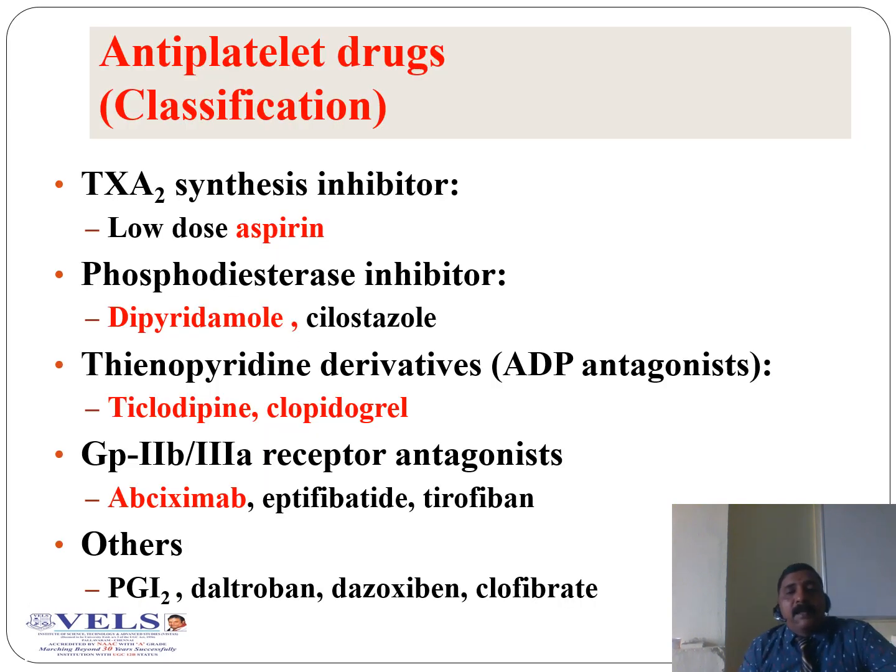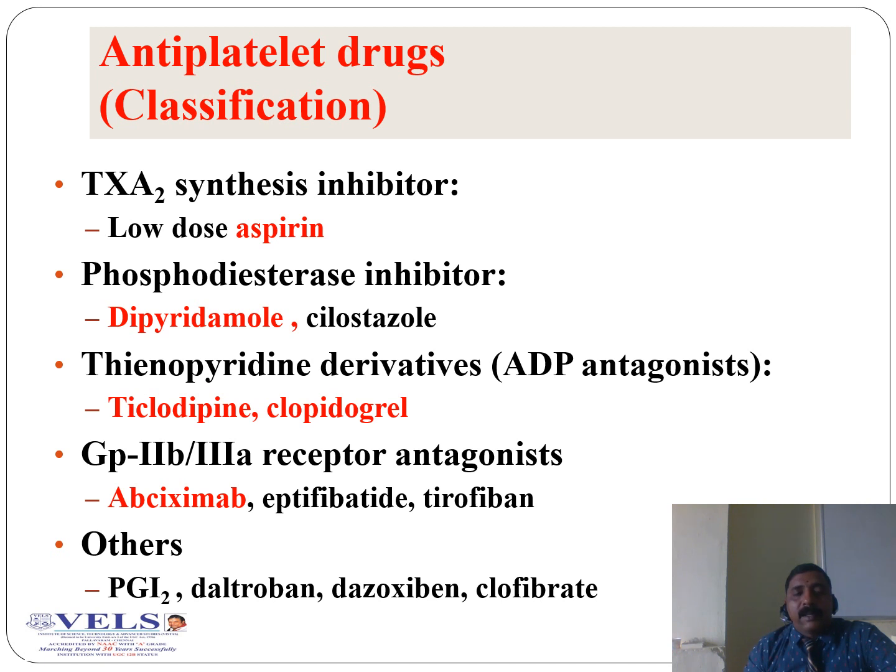What are the various antiplatelet drug classifications? One is TXA2 synthesis inhibitor: low dose of aspirin. Phosphodiesterase inhibitors: dipyridamole, cilostazol. Thienopyridine derivatives, that is ADP antagonists: ticlopidine and clopidogrel. GP 2B/3A receptor antagonists: abciximab, eptifibatide and tirofiban.